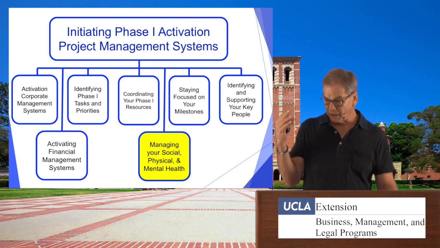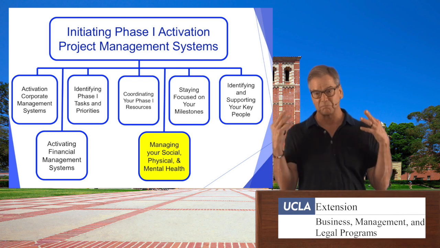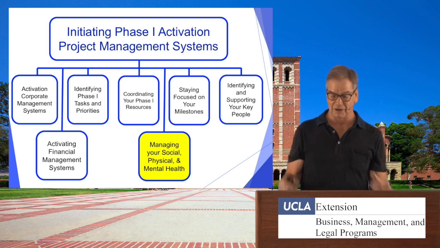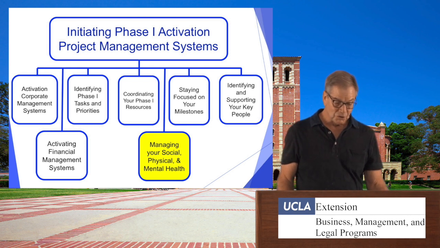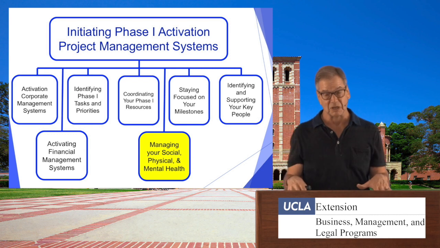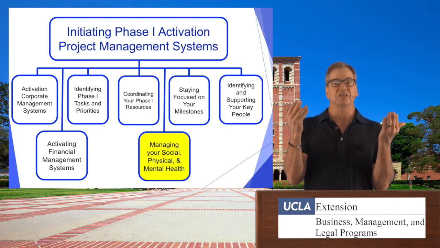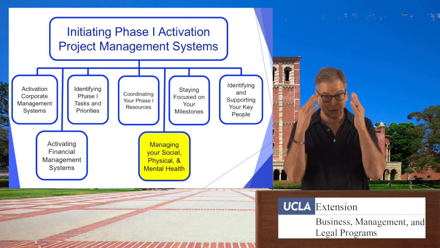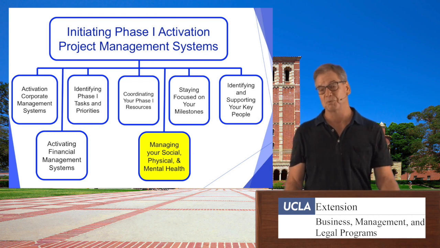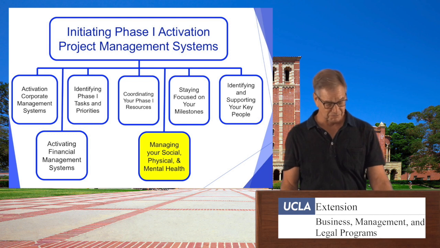But after about 2.5 years of putting your lifeblood into something, if it doesn't start taking off, your physical health, your social health, your mental health all start to suffer. So you want to start managing and taking care of these 3 categories of health. Make sure you have time to participate in the community and be with friends and family.